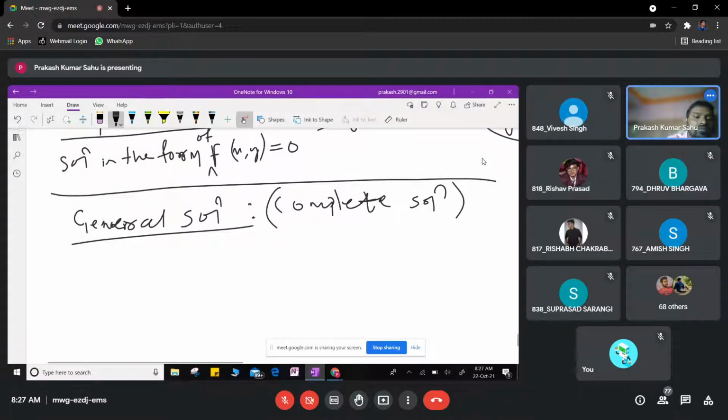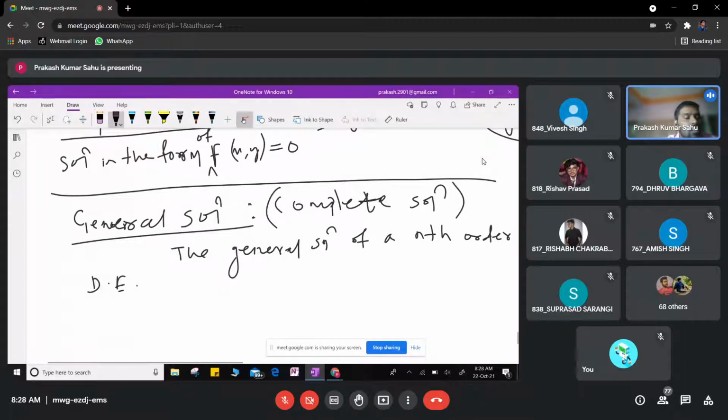The general solution of an nth order differential equation contains n arbitrary constants.